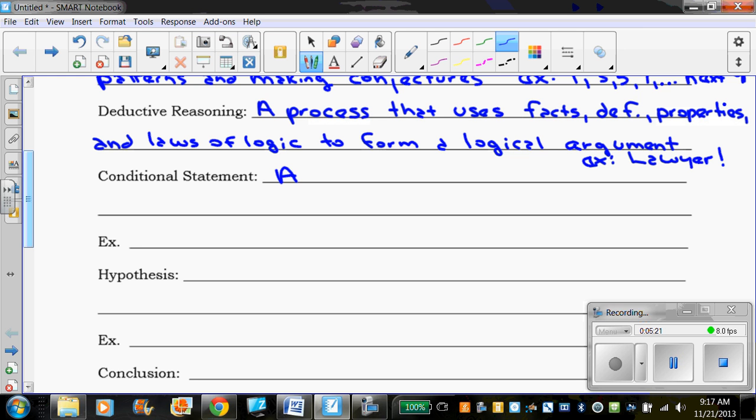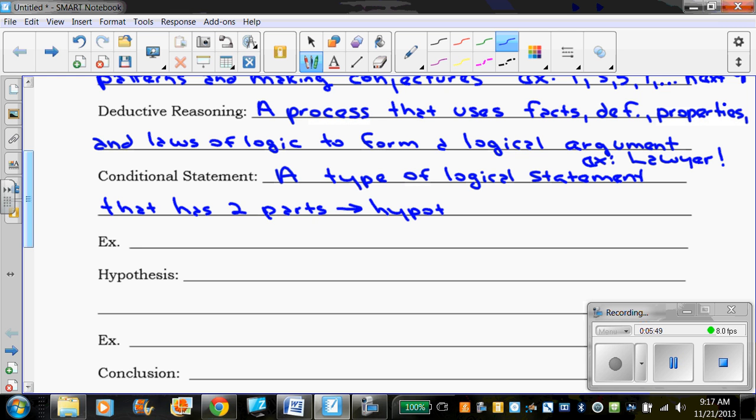It's a type of logical statement that has two parts, the hypothesis and the conclusion.